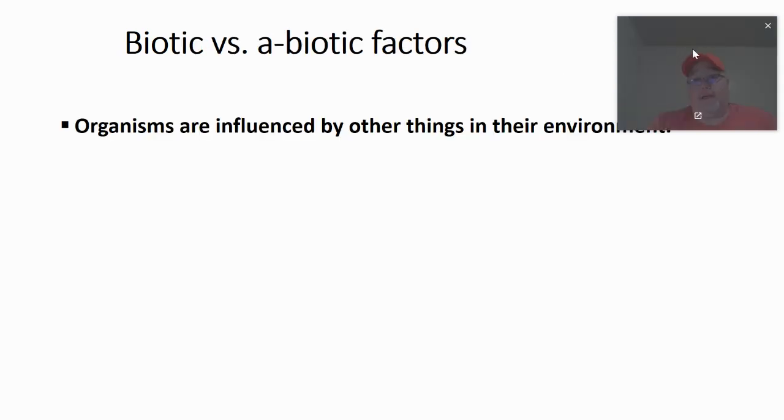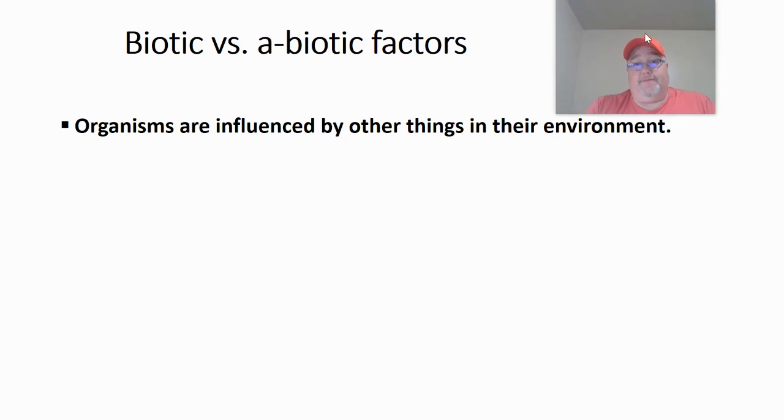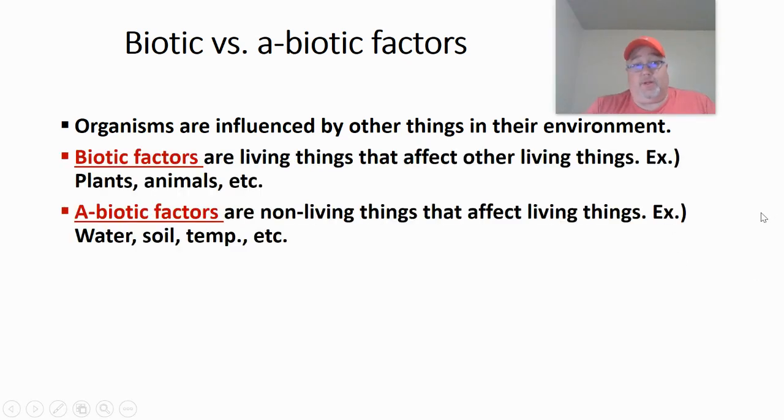All right, organisms can be influenced by other things in their environments. So when it comes to a living thing, I want us to understand a couple different terms here. One's called a biotic factor, and one's called an abiotic factor. Biotic factors are living things in the environment that affect other living things.